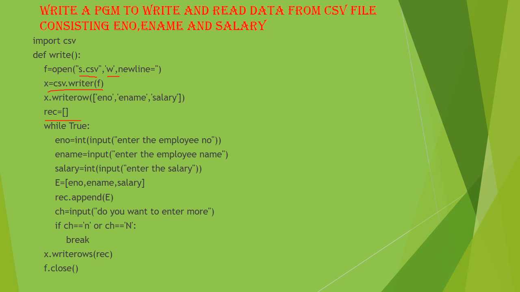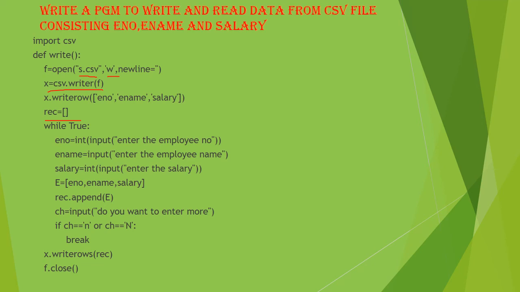In the same way we enter e number into input, enter the employee number, e name into input, enter the employee name, salary equals into input, enter the salary. Now we are giving it as a list, that list name is e. We want to append to the original list, that is rec.append e.